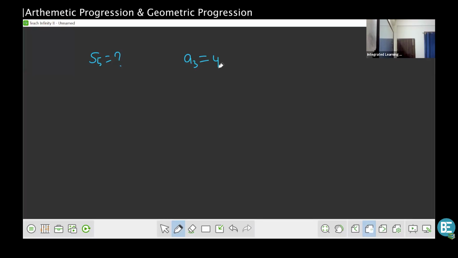In this chapter, whenever you don't understand where to start a question, just write what is given and write what is asked. Maybe you will find a connection.